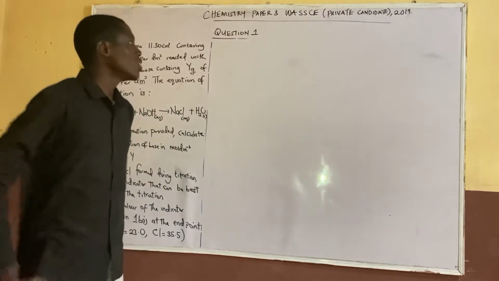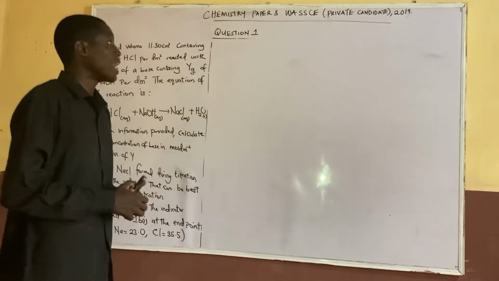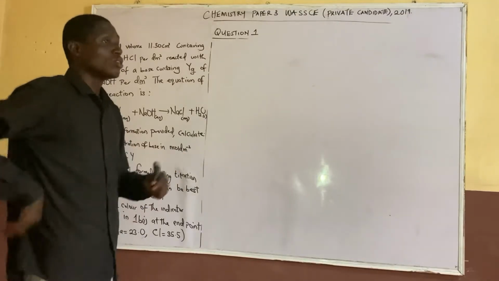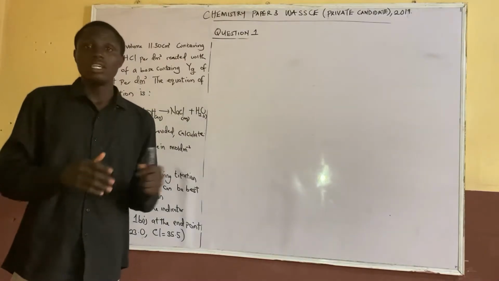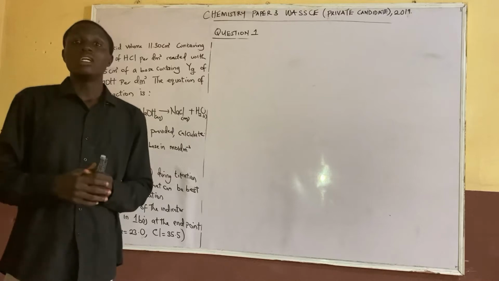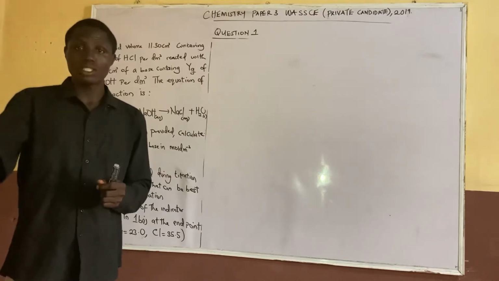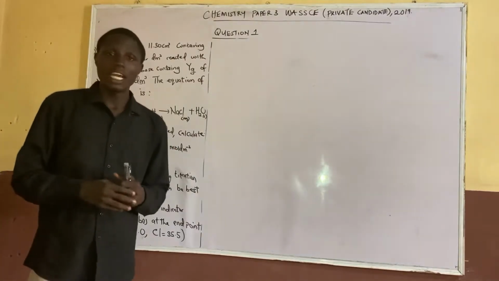Now, today we are going to be talking about chemistry paper 2, private candidate 2019. We're considering the likely chemistry practical questions in the 2021 exam, and we're taking samples of previous past questions that will enable us to prepare very well for this year's exams.